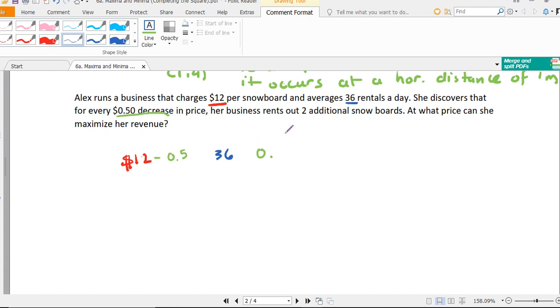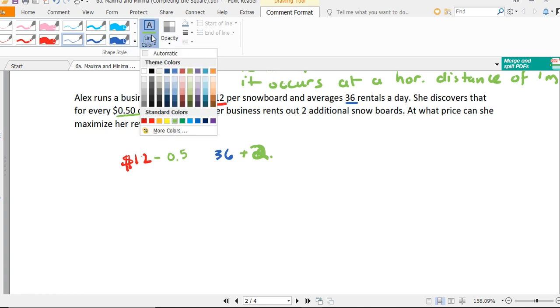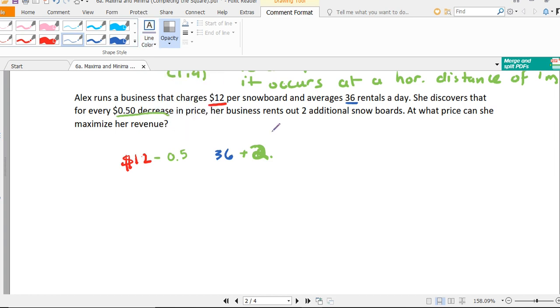So decreasing, but she gains 2 additional snowboards. Okay? So the question is, what is the variable in this case? Well, do we know how many times the decreases or increases are happening? No. So that is going to be our variable.